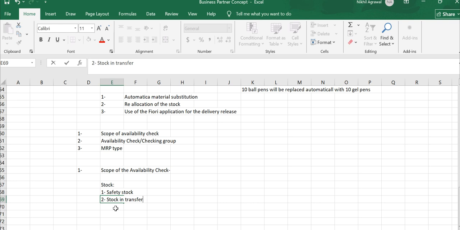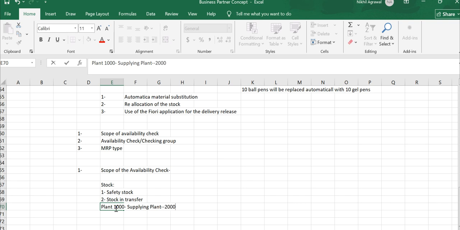Why is it coming in and going out? In case plant 1000 is a supplying plant, plant 1000 is supplying the stock against the purchase order it has received from plant 2000.